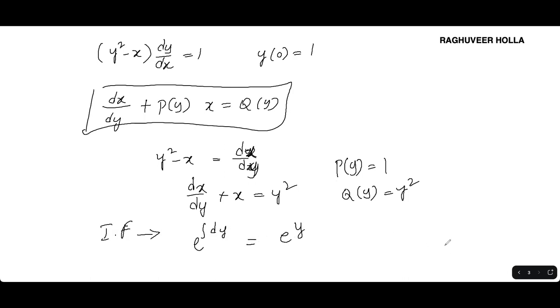Now let us substitute it. Any doubts? Please ask. So we got integrating factor, which is e to the power of y. So our solution will be x into the integrating factor, e to the power of y, equal to integral y square into e to the power of y into dy.